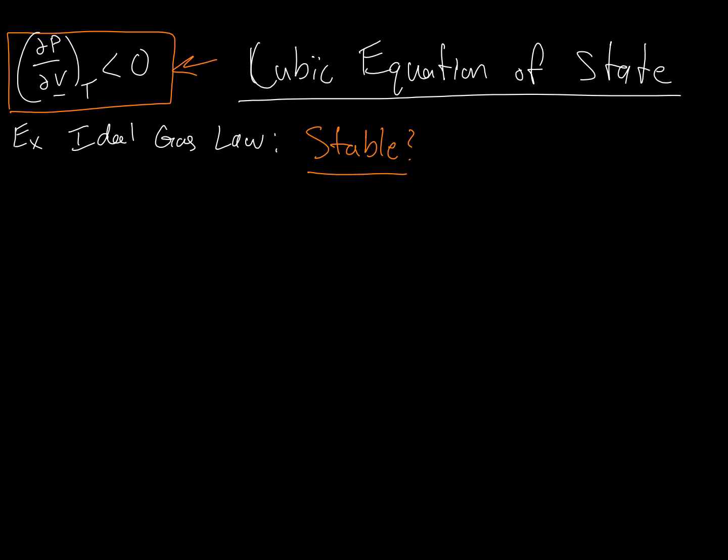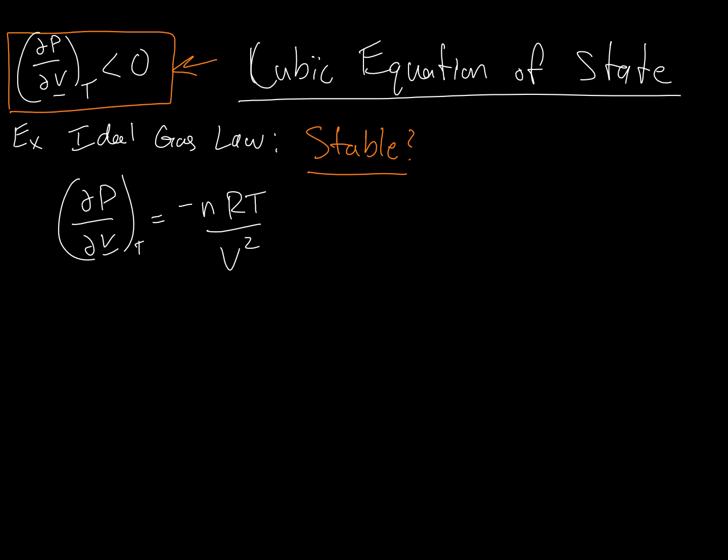Okay. You got it? Yeah. Okay, so what is it? So dP dV at constant T is equal to? Negative N RT over V squared. Very good.